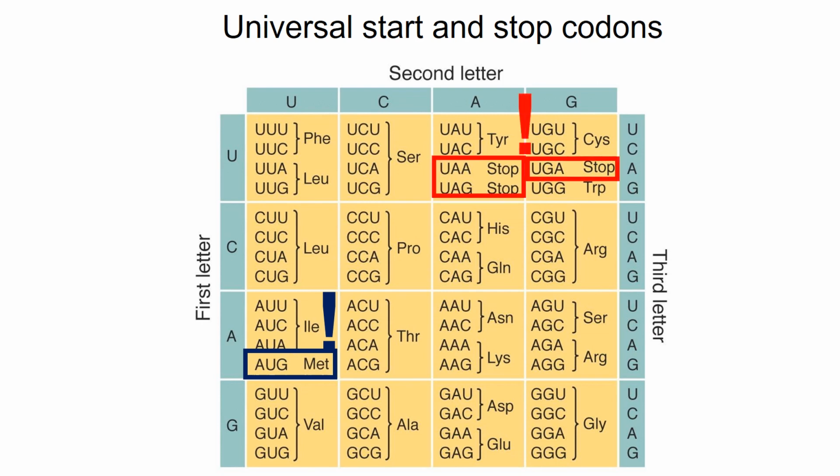And the stop sign is also a codon. In this case, we have 3 different codons. And once the machinery walks by this particular codon, the synthesis will be terminated.